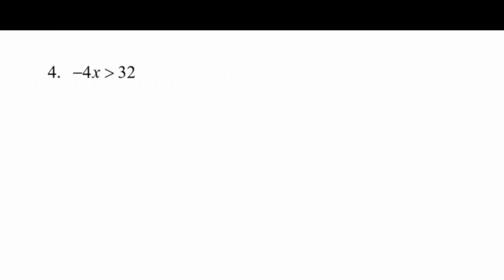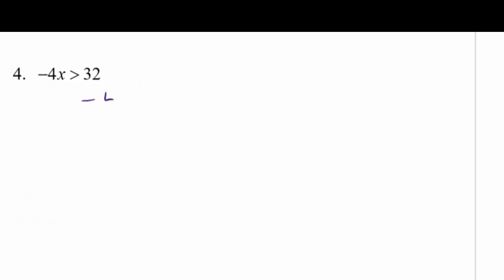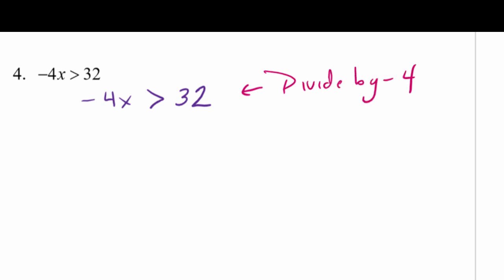In number 4 here, now we have negative 4x greater than 32. And this time when we isolate the variable, we're going to divide by a negative. We're going to have to divide both sides of the inequality by a negative 4. This is where we're going to reverse the inequality sign.